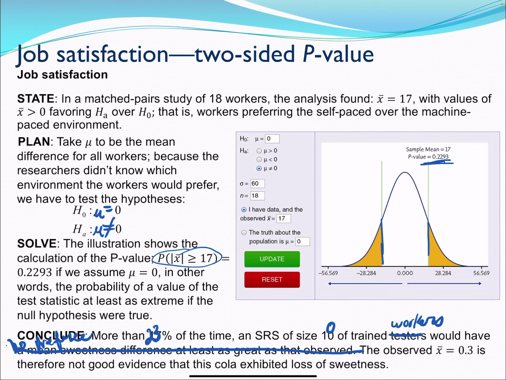So our observed mean 17 is not good enough evidence that workers prefer self-paced over machine-paced. This p-value is way too high.